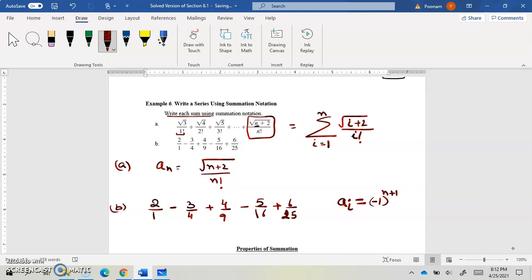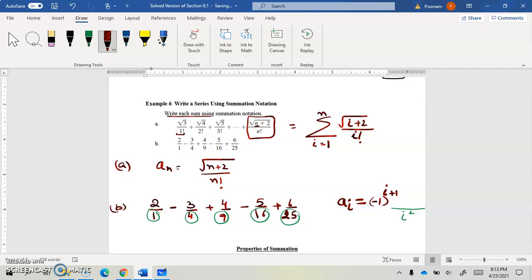Each term is a fraction. If you notice the denominators 1, 4, 9, 16, they are just squares. 1 squared, 2 squared, 3 squared, 4 squared, 5 squared. So I think in the denominator I have i squared. Actually we're talking about i, so here we have to write i, not n.